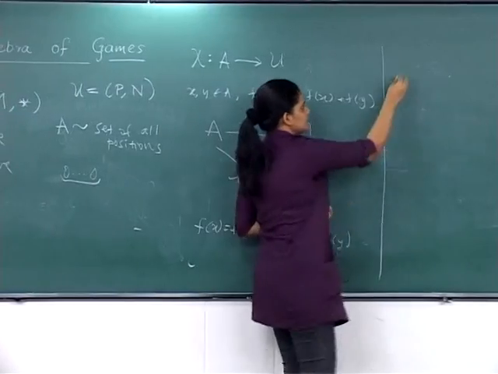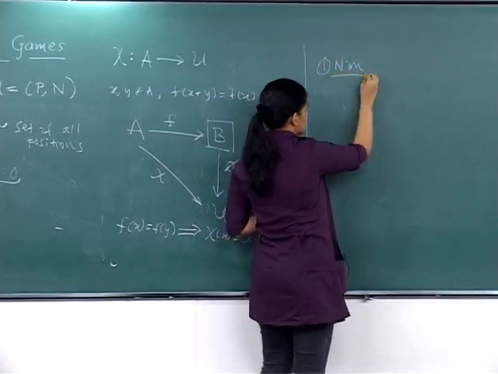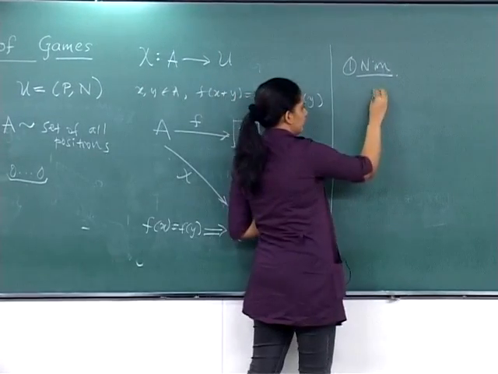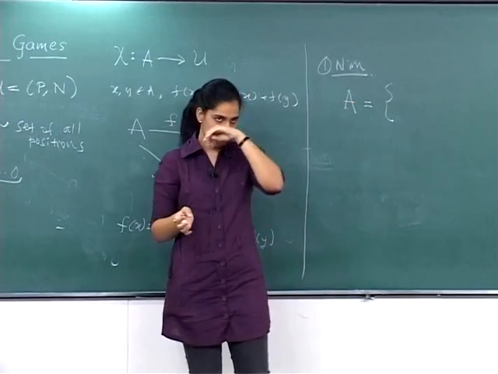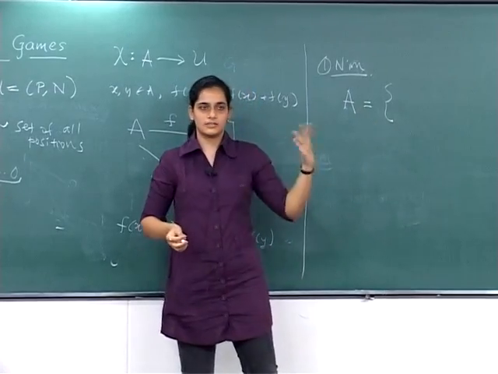Let's analyze the nim game in the monoid setting. So for nim, I define my monoid. It's a free monoid, so a finite length string where each bit corresponds to the size of the pile.